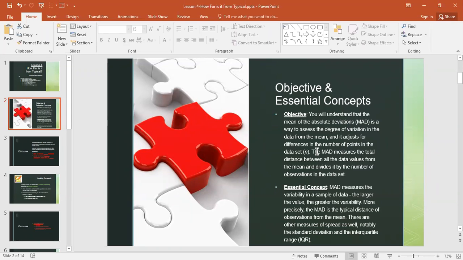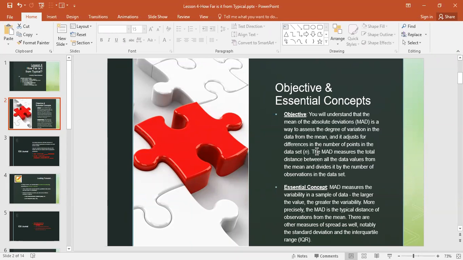So our objective for today is that you will understand that the mean of the absolute deviations, also known as MAD, is a way to assess the degree, the level of variation in the data from the mean. So the MAD is a way to see how much variation there is in our data from our center, the mean.